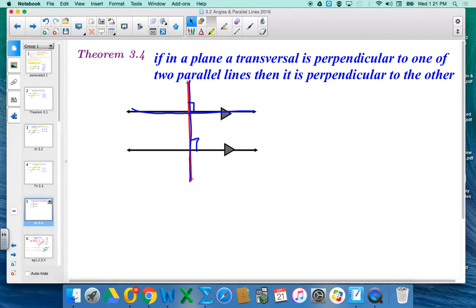We're going to be using these postulates and theorems for the rest of the chapter and throughout the rest of the year. So I want to look at them all together.